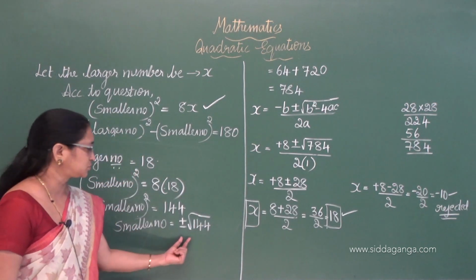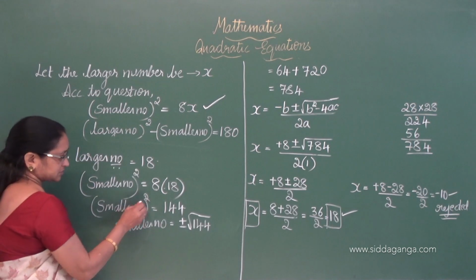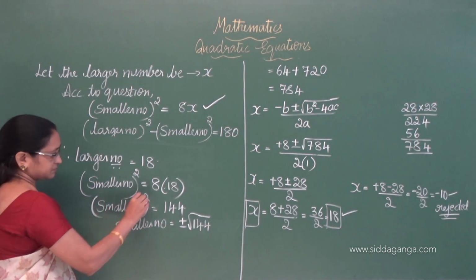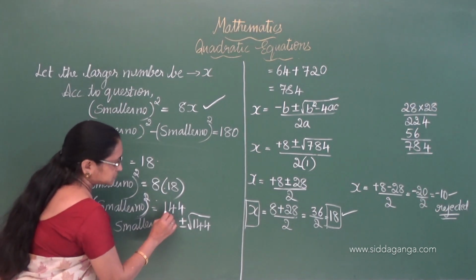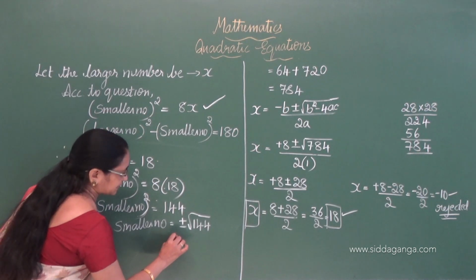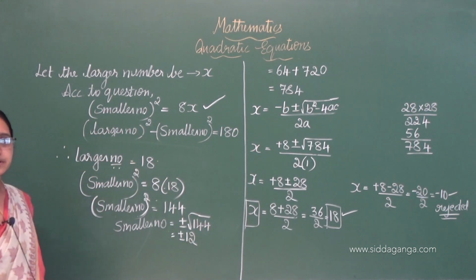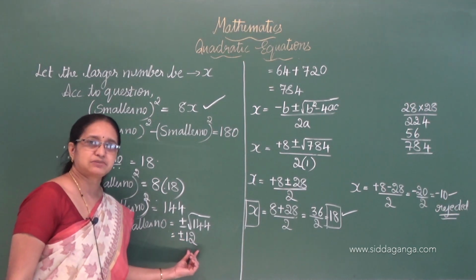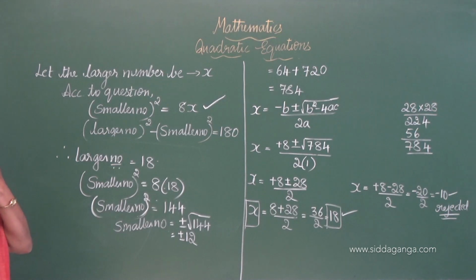You all know plus or minus, because this is a square. To remove this square, I have put the square root for 144. So the smaller number will be plus or minus 12.